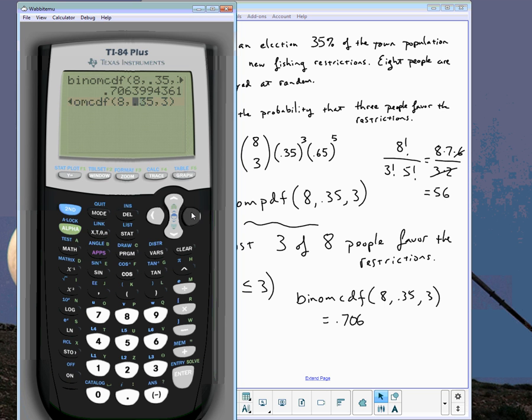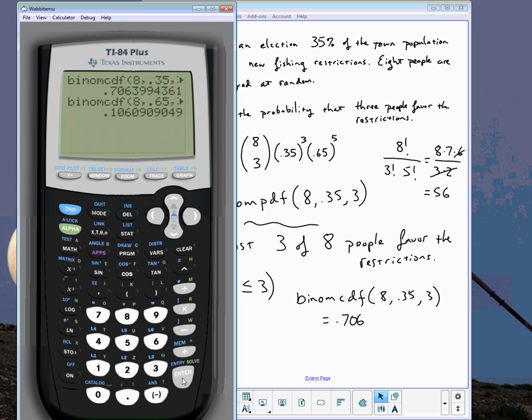No, it is not, because if I'm saying at most 3 people don't want the restrictions, that's this. I'm changing my odds, because now I'm defining success as the 0.65 odds rather than success being the 0.35 odds. Okay?